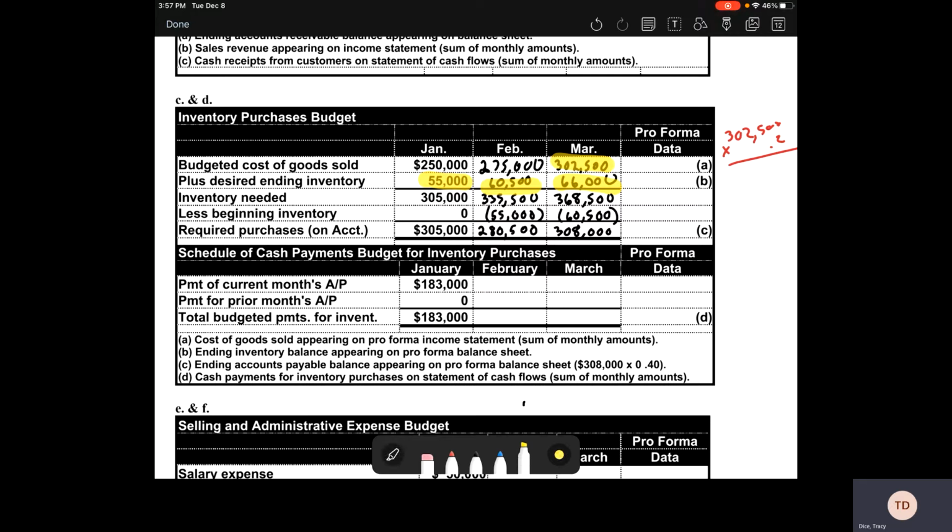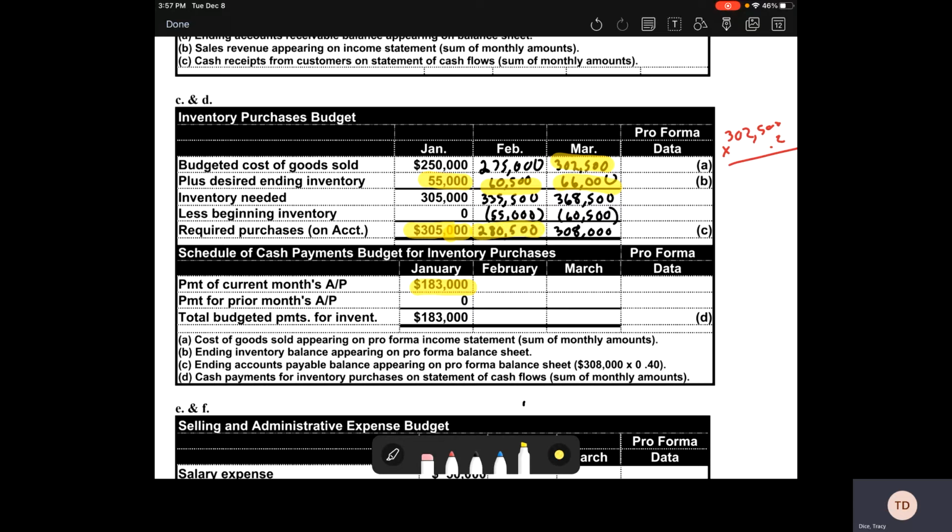So we're taking the required purchase times 0.6 to get this number. And then we're paying off 40% from the previous month, but there is no previous month. So that's 0.